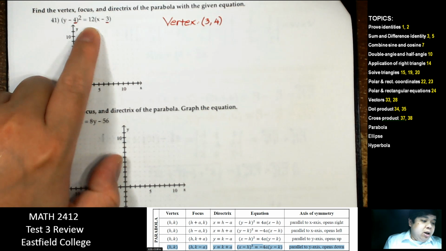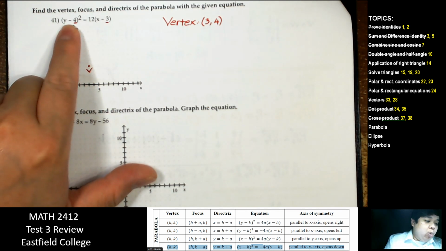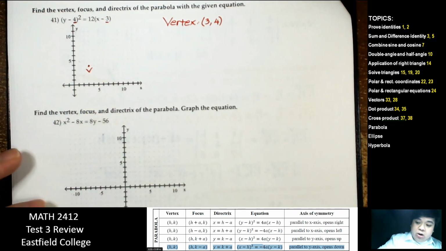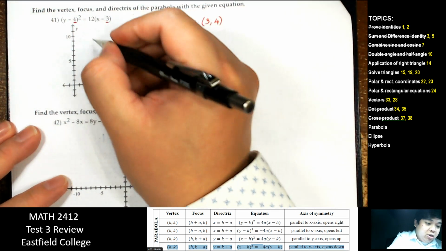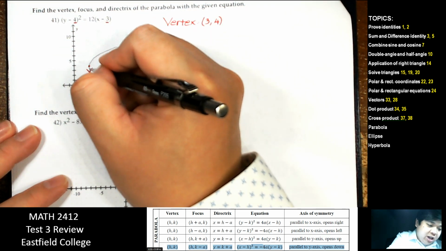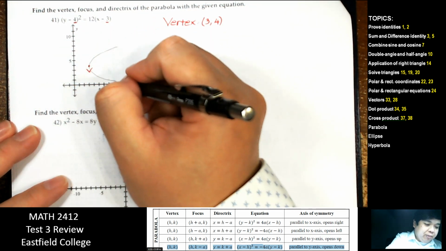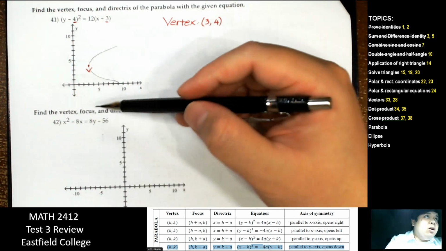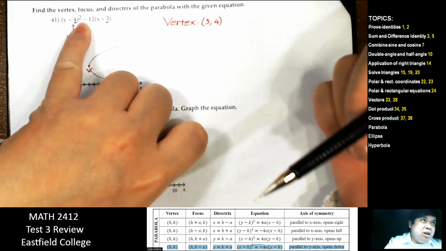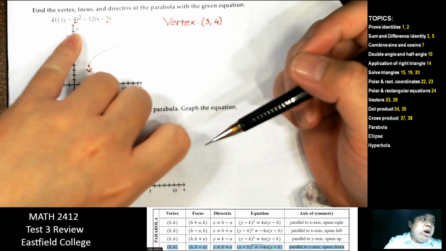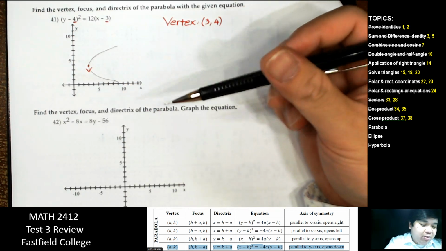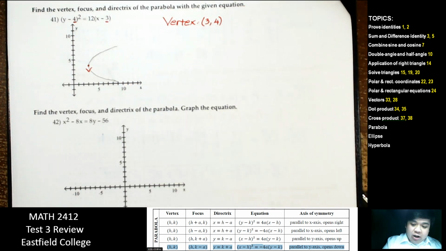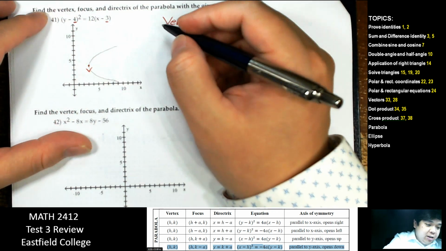And when we have a positive and y squared equals x, that is the parabola that opens to the right because it's positive. So we can just sketch like that. Because we have y squared, that is definitely horizontal and opens to the right.